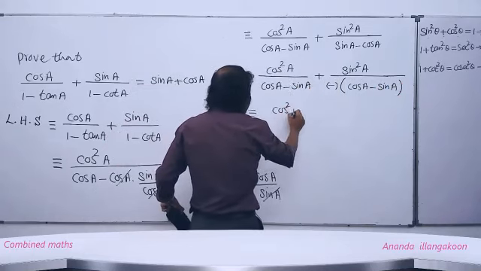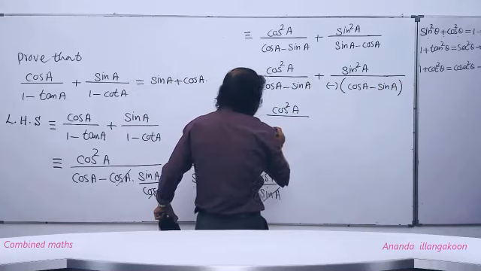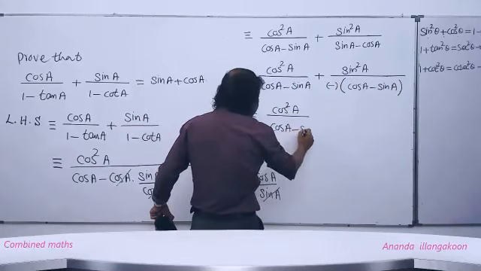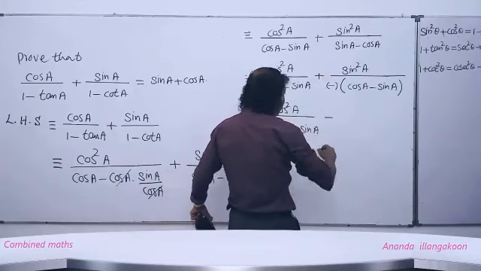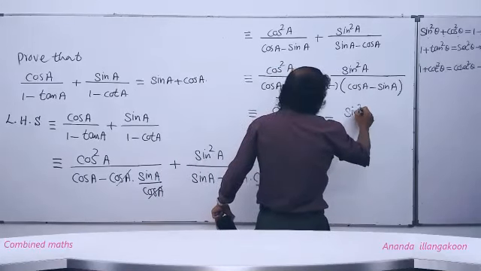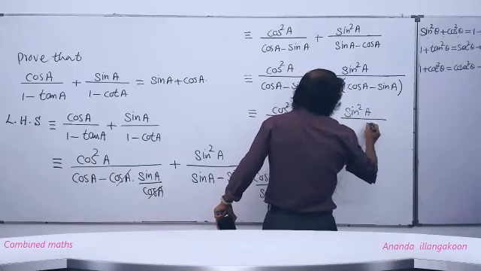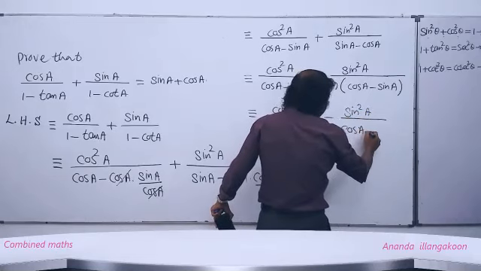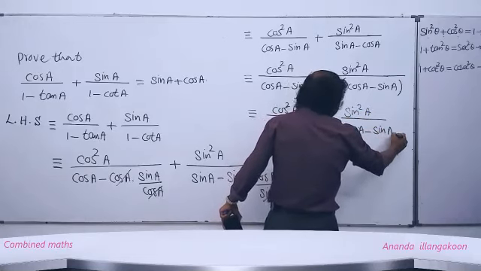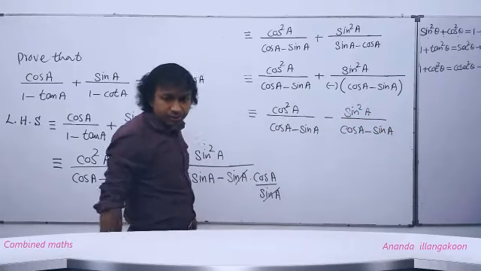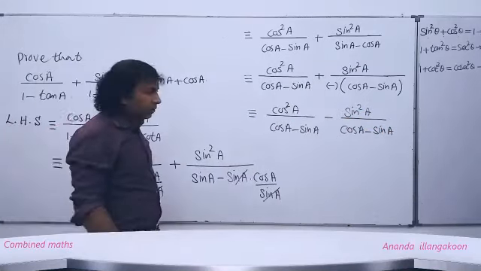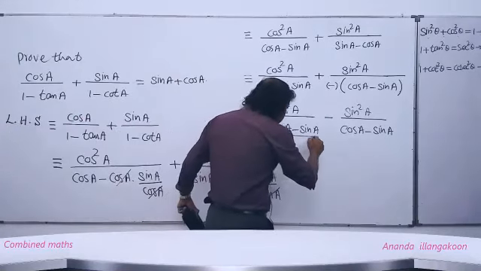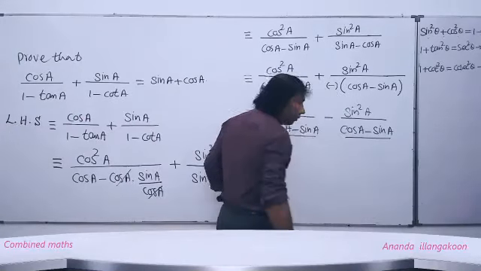Cos squared A divided by cos A minus sin A. Plus by minus is minus. Sin squared A divided by cos A minus sin A. We get this right now. Now you can very clearly see, people, here this denominator and this denominator are equal.